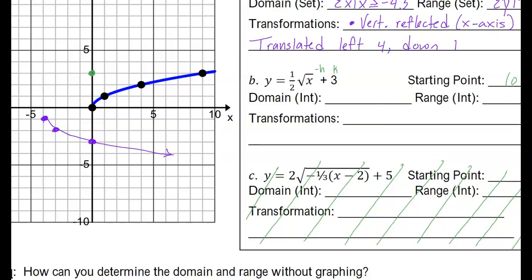Where's our next perfect point? It is vertically compressed, so that's one of our transformations. And just to finish it up, what was our only other transformation? Translated up 3.